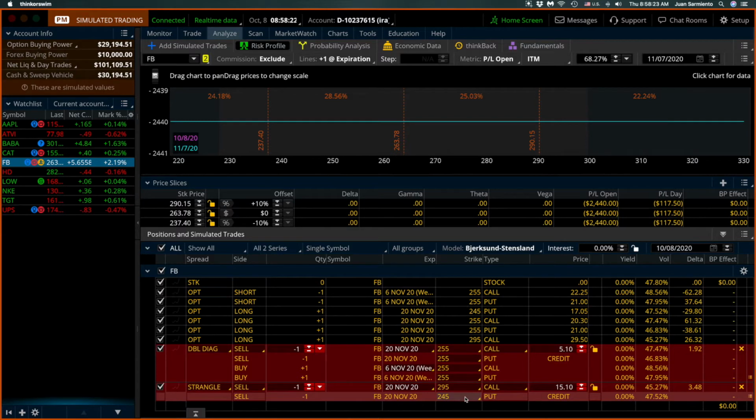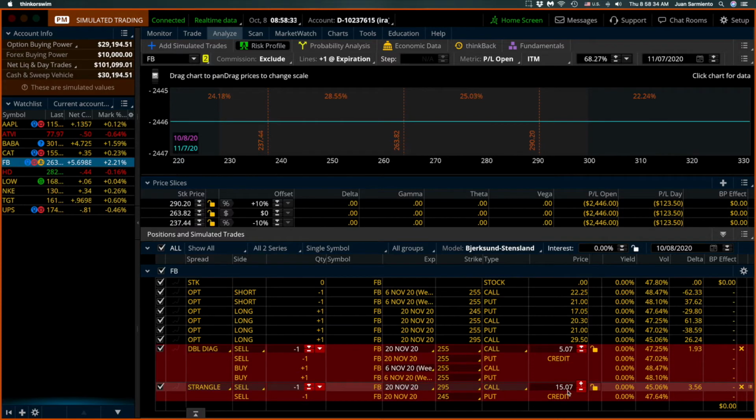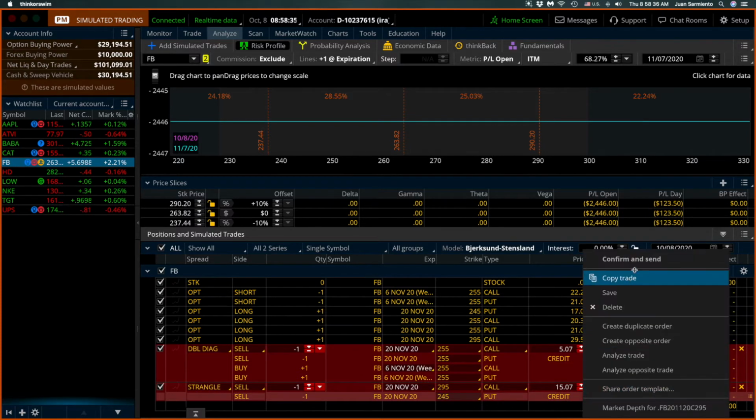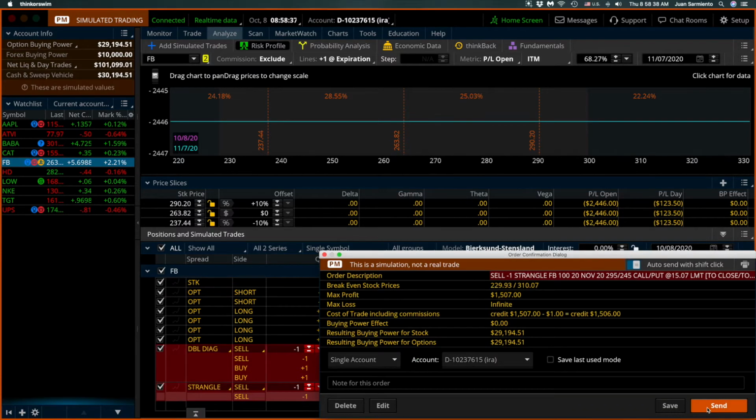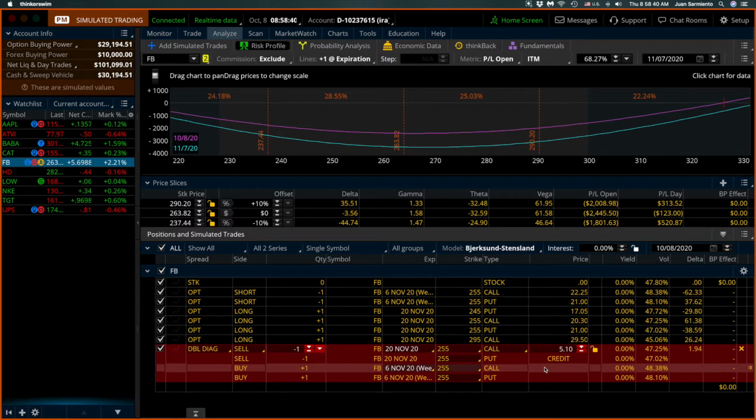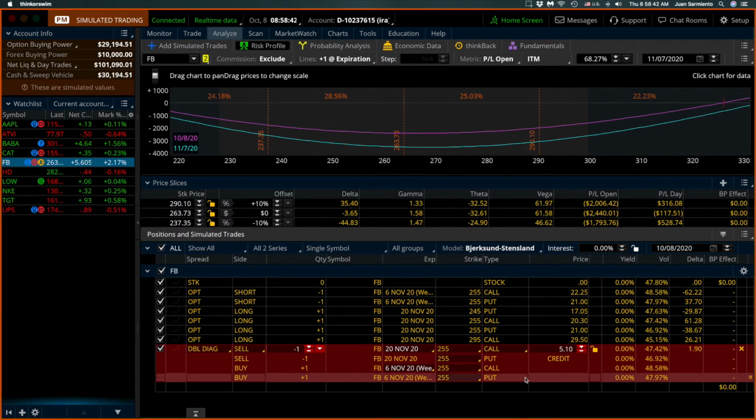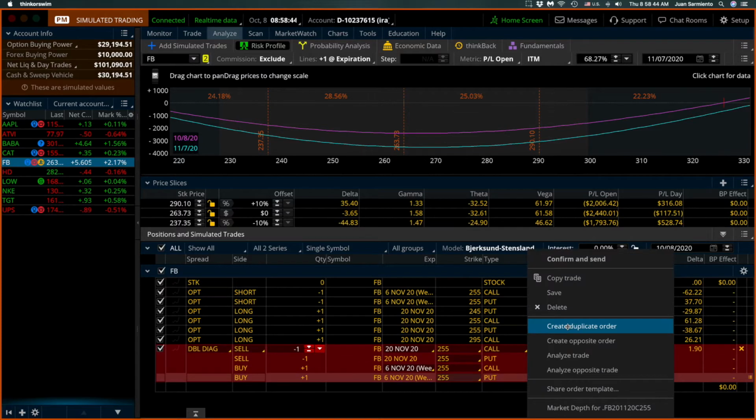So we want to do the one that is more expensive, that will give me more of a credit, and this is the strangle, $15, times 100 is $1,507. Let's sell that, and then we sell this one as well. Which one fills first? It doesn't matter.